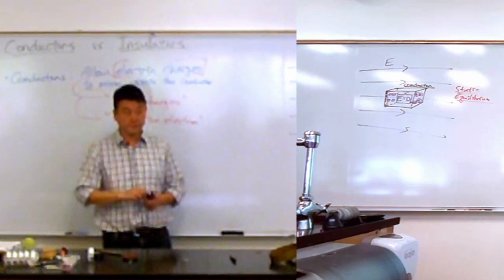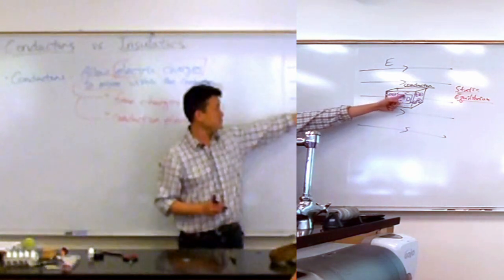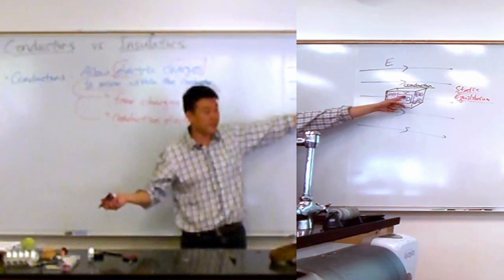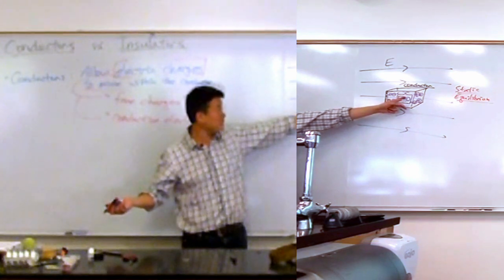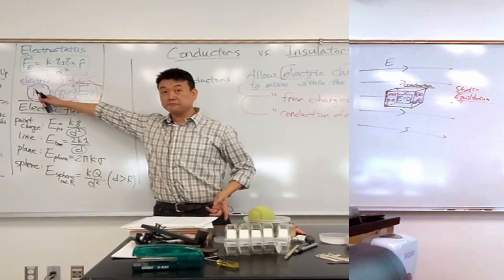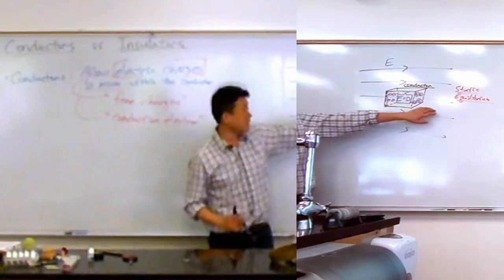Do I need to worry about it starting to move and not being in static equilibrium? No, right? The electric field is zero, meaning there's zero force on it, so it doesn't need to be pushed one way or the other. So now this is a static equilibrium.